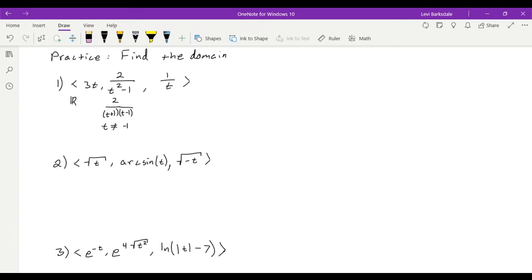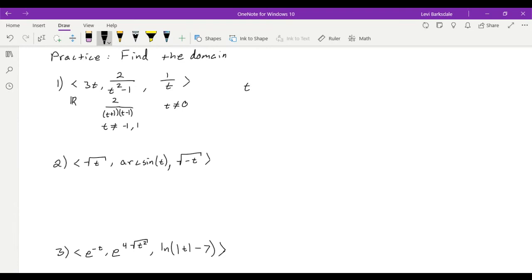And finally, for our final component, since our denominator can't be 0, t is not equal to 0. If you combine all of these, we get that t is not equal to -1, 0, or 1.